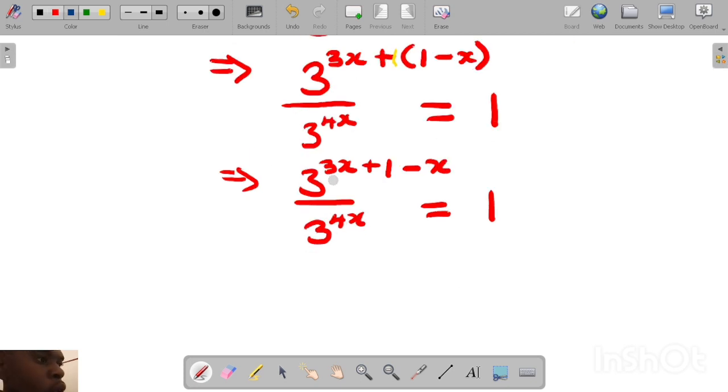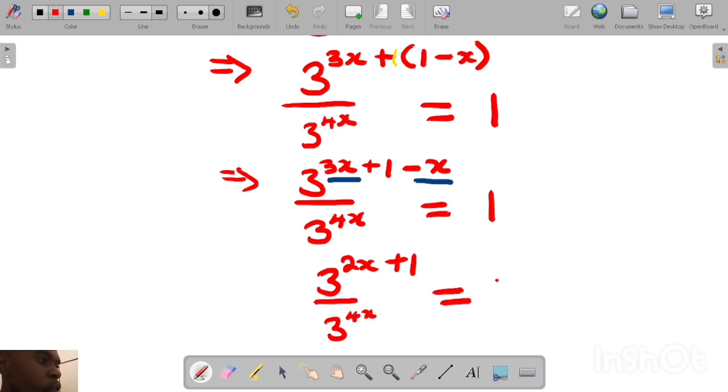So we collect like terms together. You can see that both terms have x's, so 3x minus x gives 3 to the power 2x plus 1, over 3 to the power 4x is equal to 1.